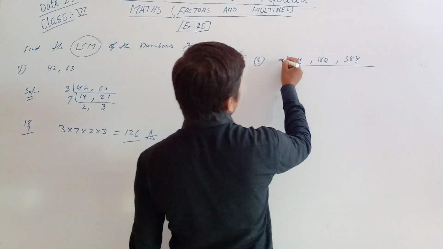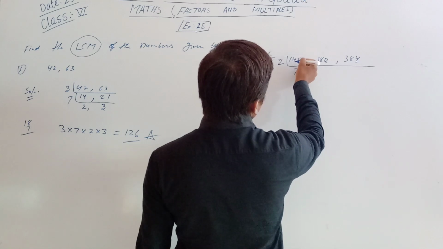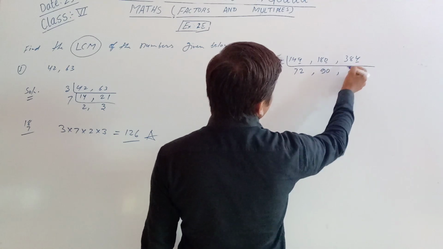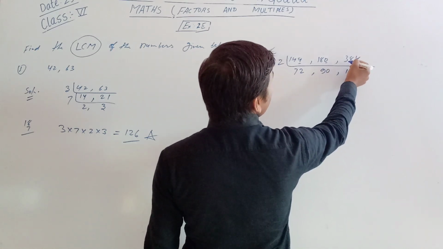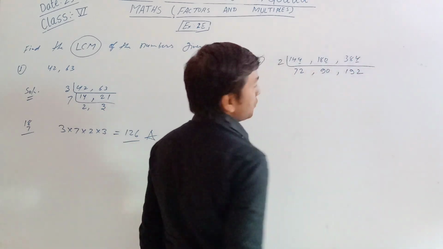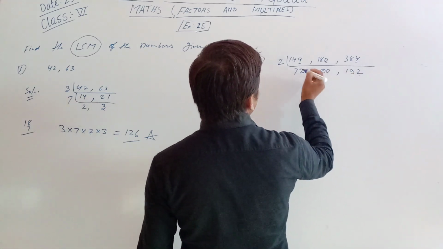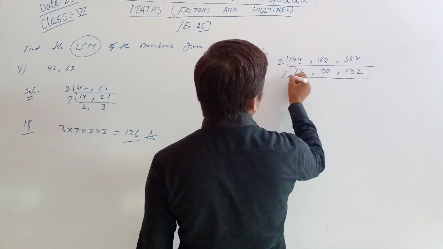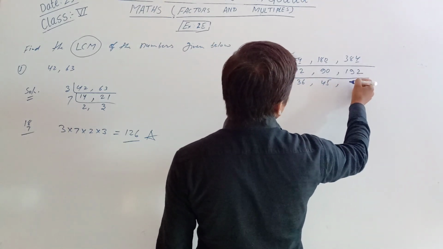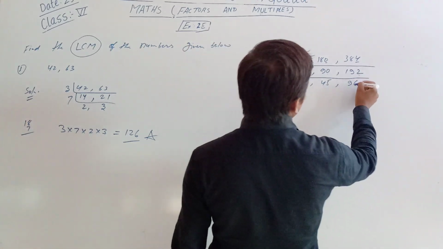So when we divide by 2, this is 7 to the 14 and 2 to the 4, and this is 90, and 1 is remainder, 18, 9. Also by 2 we can divide because the last digit is 2 or 0, so that is 36, that is 45, and 2 nines are 18 and 2 sixes are 12.